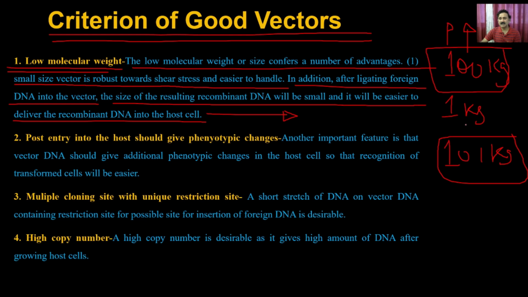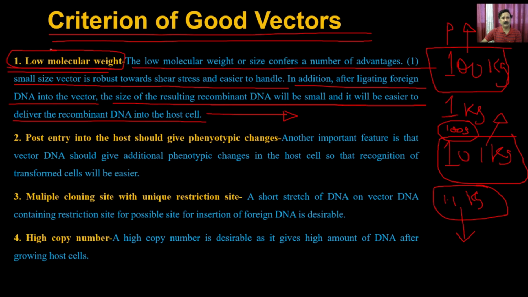But if I only have a packet of 100 grams, then the total is going to be 1.1 kg, which is only 10% of this, and sending this is going to cost less. So that's why it is always desirable that you should have a vector of a very small molecular weight.